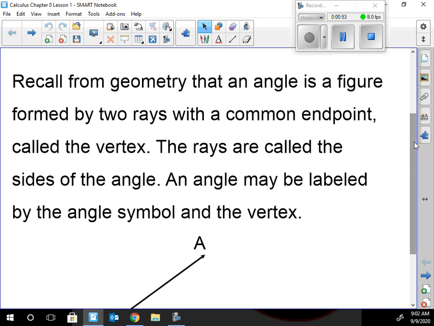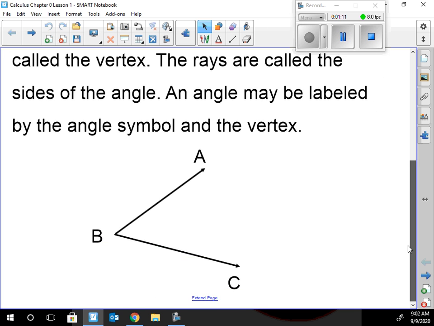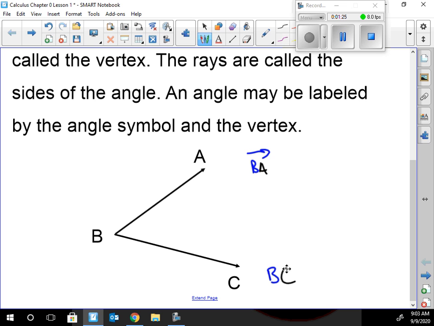Recall from geometry that an angle is a figure that's formed by two rays with a common endpoint called the vertex. The rays are called the sides of the angle, and an angle may be labeled by the angle symbol and the vertex. So these are rays. From B to A creates ray BA, and from B to C creates ray BC.